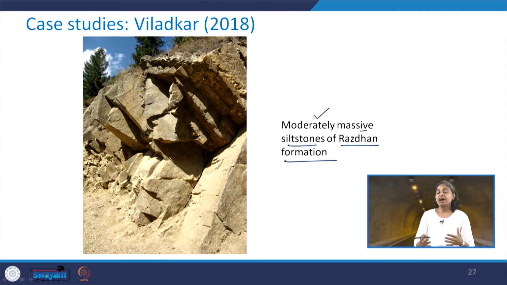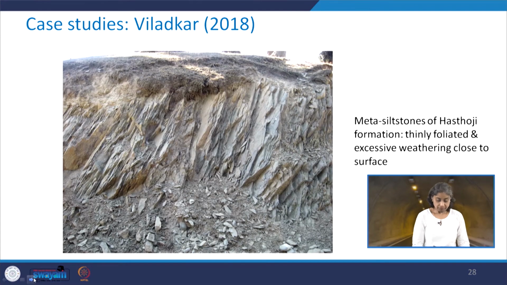So, see how the appearance of the rock mass itself is clear, whether it is massive, foliated, highly weathered. This is meta siltstone of Hastosi formation, and you can see that how these are thinly foliated and excessively weathered close to the surface. Can you see this foliation which are thinly foliated here.